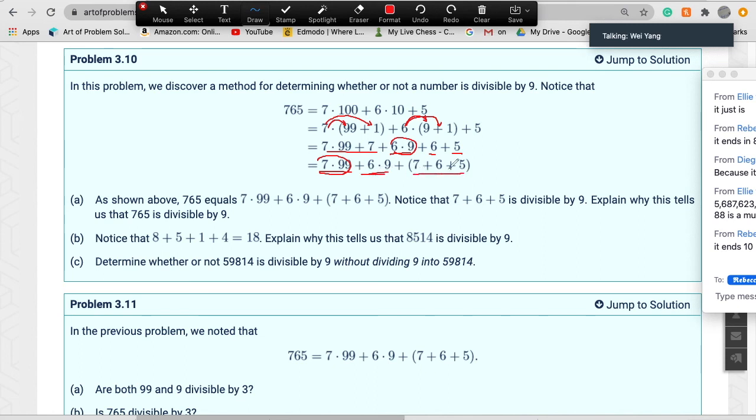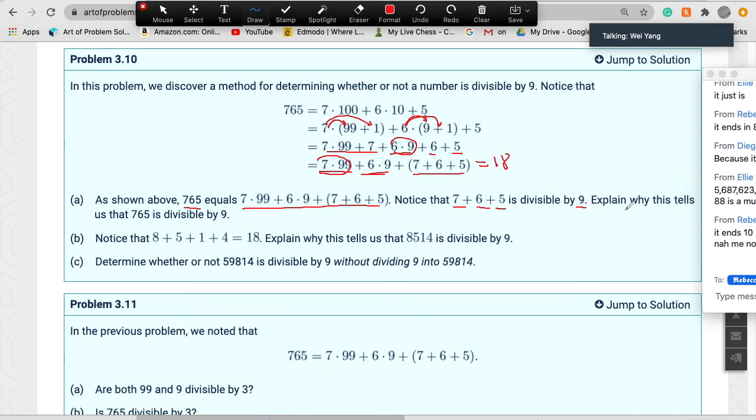But say this one, 7 plus 6 is 13, 13 plus 5 you get 18, right? 18 is also divisible by 9. When you divide 18 by 9, you get 2. So now part A: as shown above, this number equals this. Notice that 7 plus 6 plus 5 is divisible by 9.